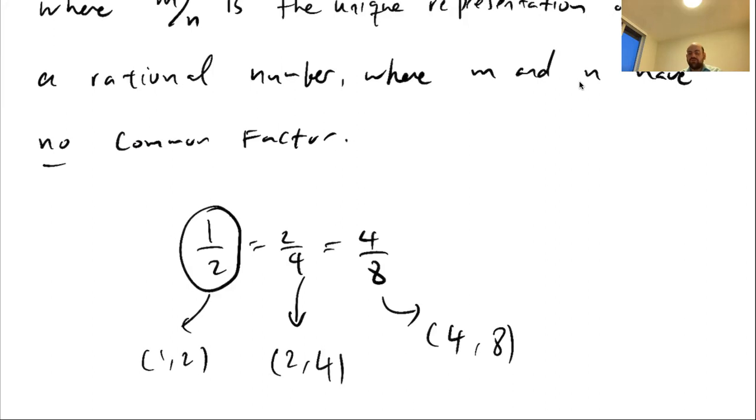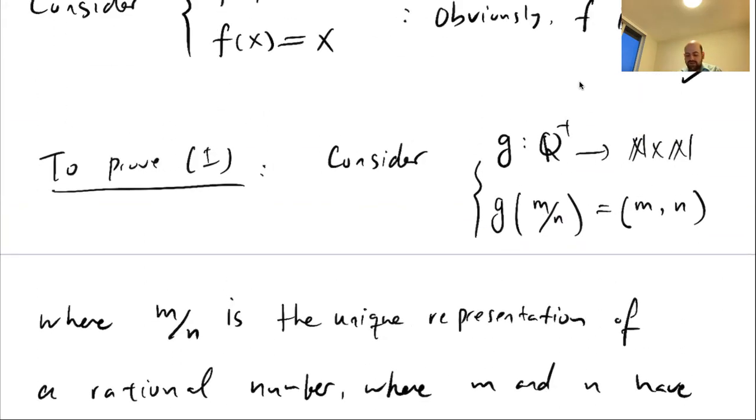So in order to fix this issue, I'm saying that each rational number can be written as m over n, and make sure that m and n have no common factor. If they do, first simplify, right? For example, if you have 2 over 4, first simplify, get 1 over 2, then apply g to 1 over 2, and then g of 1 over 2 would be 1 comma 2. Or g of 3 over 8 would be 3 comma 8, because 3 and 8 have no common factor already.